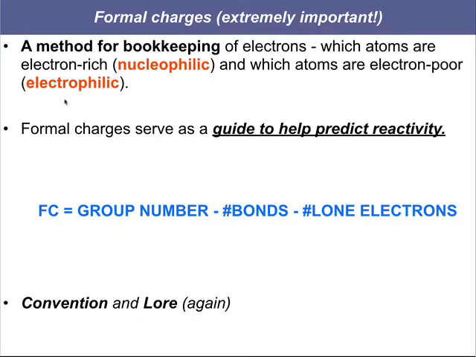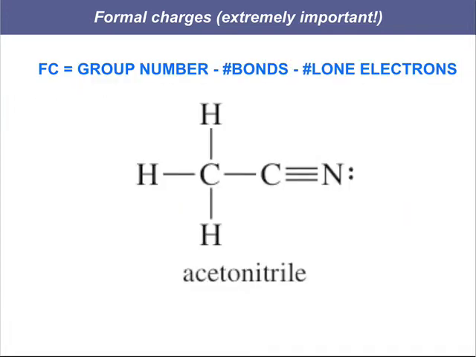So let's go back to our slides and look at another example where we can calculate formal charge. Again, formal charge is the group number, or the number of valence electrons, minus the number of bonds, minus the number of lone electrons. Let's do hydrogen first. Hydrogen, 1 valence electron minus 1 bond minus no lone electrons means 0.